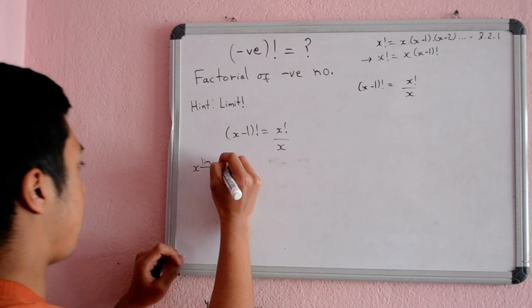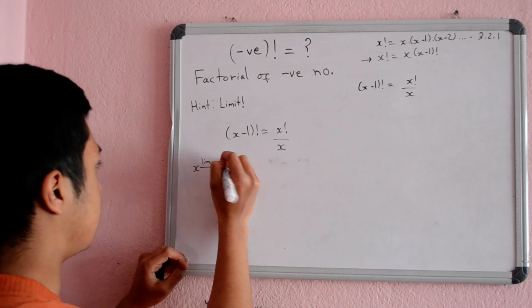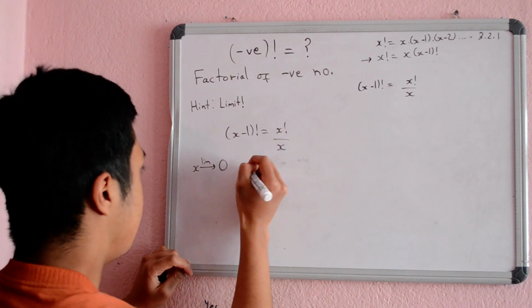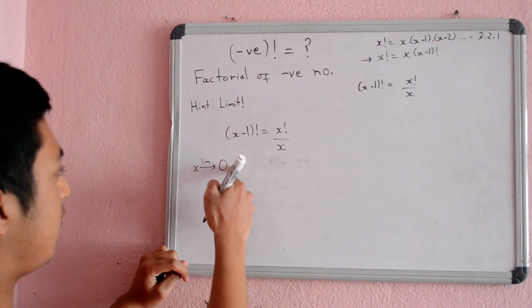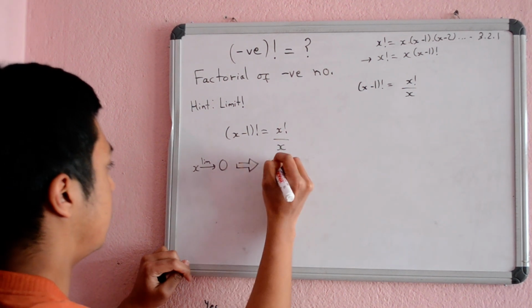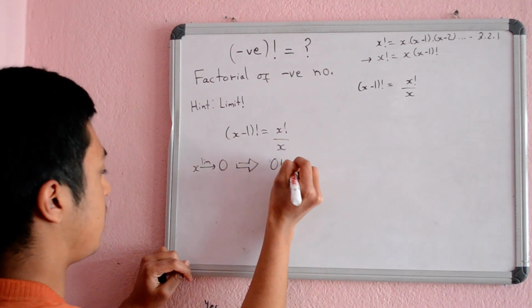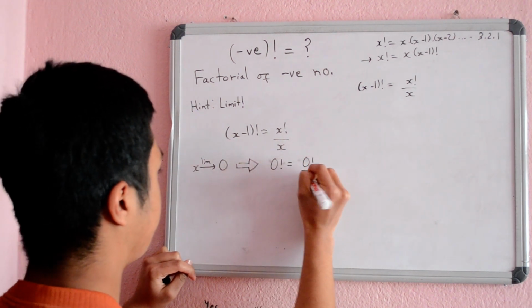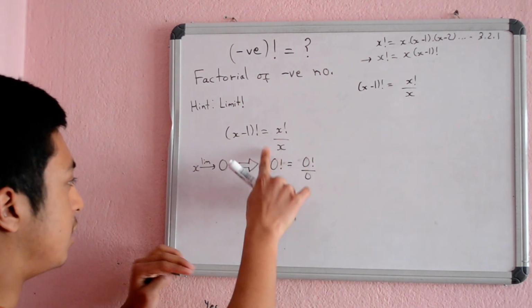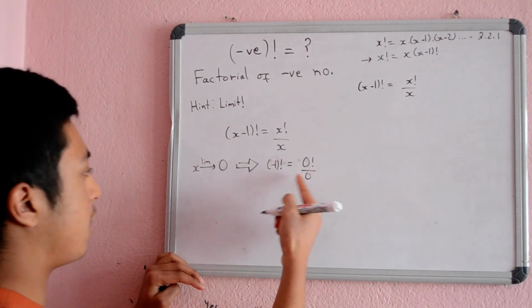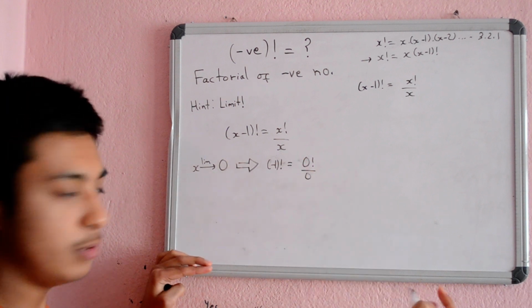So as x approaches 0, we have minus 1 factorial is equal to 0 factorial by 0.